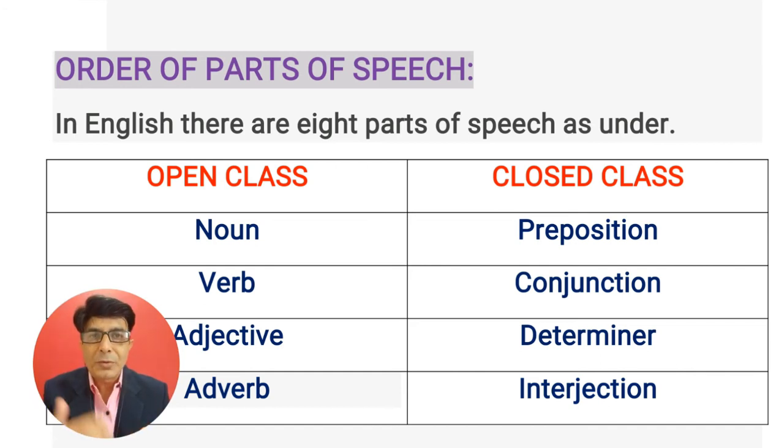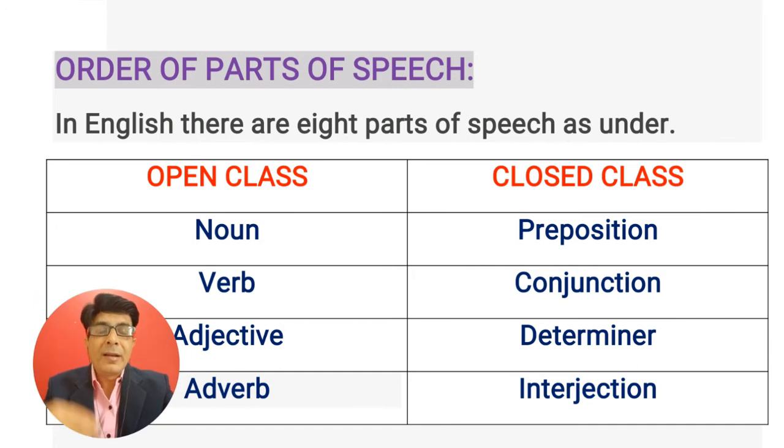Now, in our previous video lecture, we discussed these parts of speech in detail. We don't want to go into that detail right now, but let me recollect that open class parts of speech means the nouns, verbs, adjectives and adverbs. New words can be added into this category.